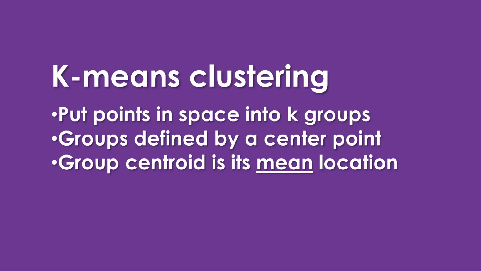The group centroid is its mean location, and the distance of individuals in the group from that centroid tells us something we can use. And if we can minimize the distance from individuals to the center of a group, then we can know that the people are in the best group and give us the optimum result.